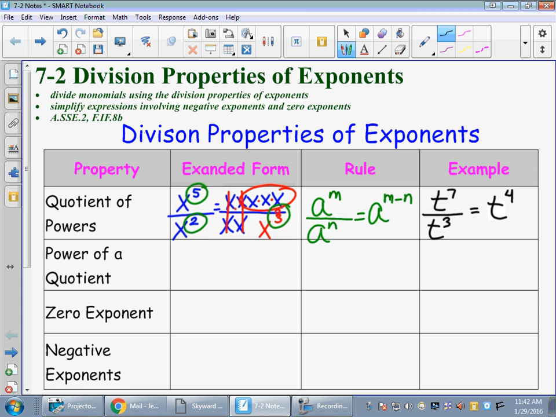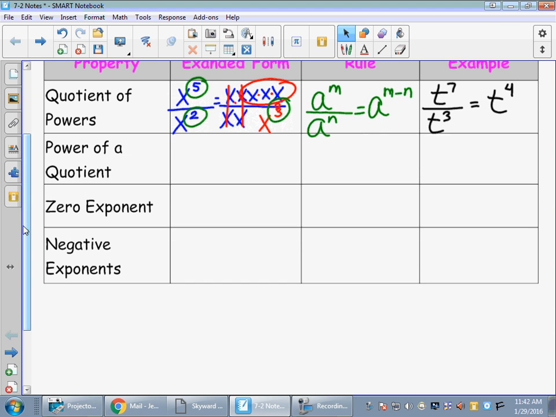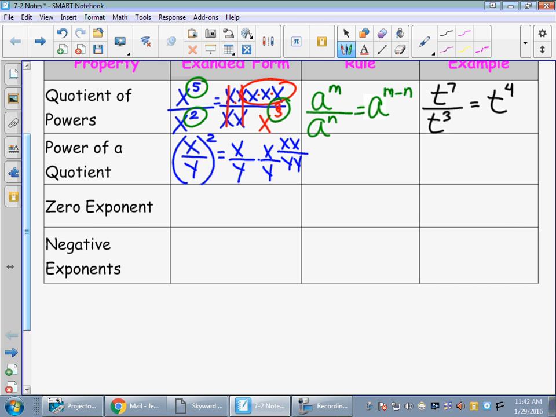The next rule involves taking a power of a quotient. So I'm going to have x over y. This is a quotient, but then I'm raising that to some power. In expanded form, what that tells me is I'm multiplying an x over y times another x over y, and that's an x times an x over a y times a y, which becomes x squared over y squared.